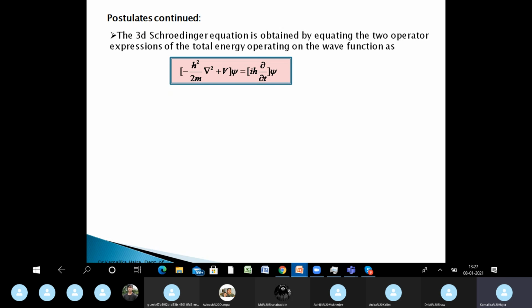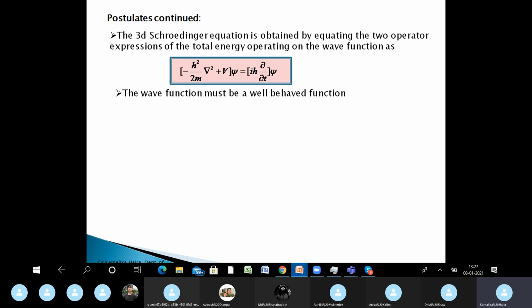The best way is to write down the two forms of the total energy. One is minus h cut square by 2m del square plus V, and the other is i h cut del by del t. And equate the two. Both are expressions of total energy, so you can equate the two operating on psi, and that will give you the Schrödinger equation.